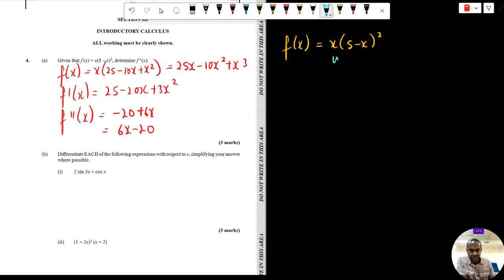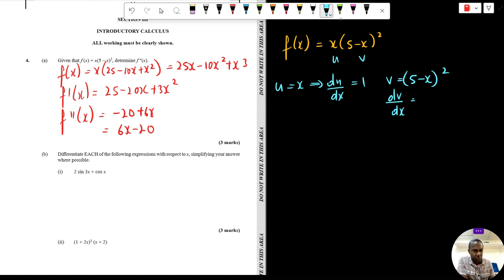And of course, we're going to let x be our u and this (5 minus x) squared be v. So we can say that u is equal to x, which means that du by dx is equal to 1.